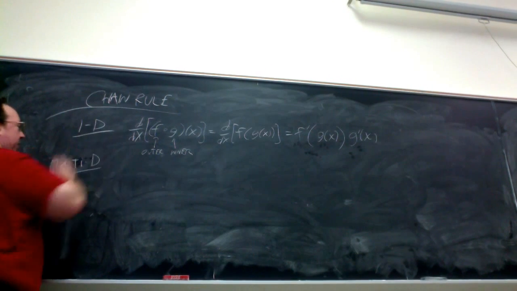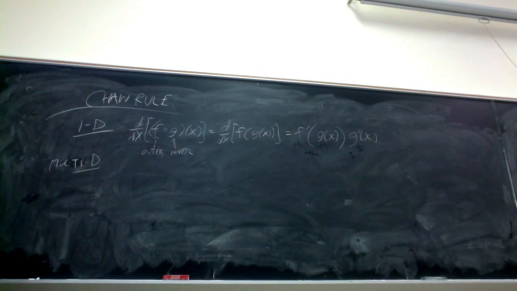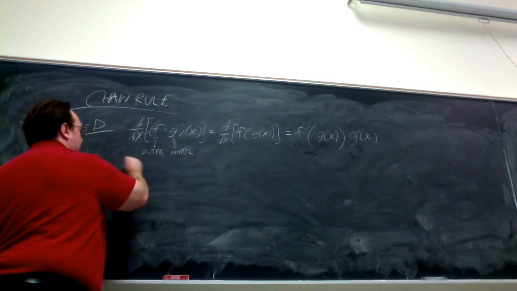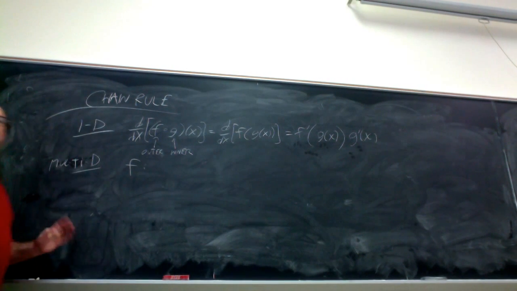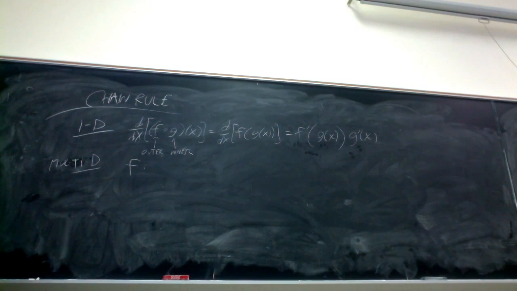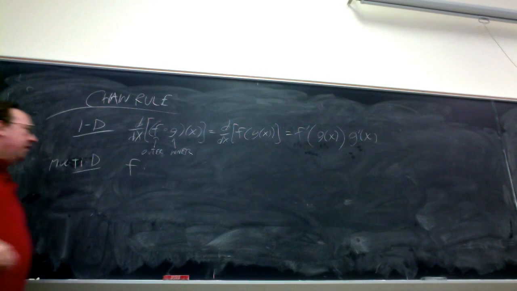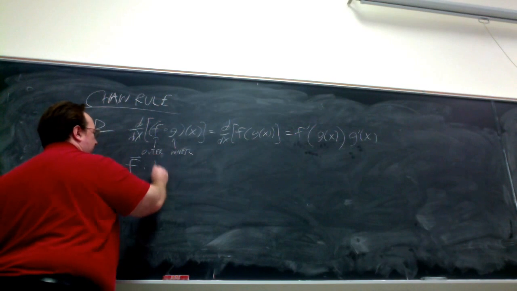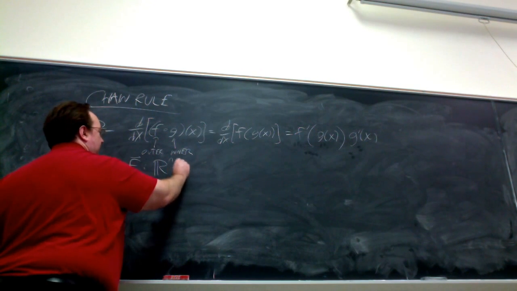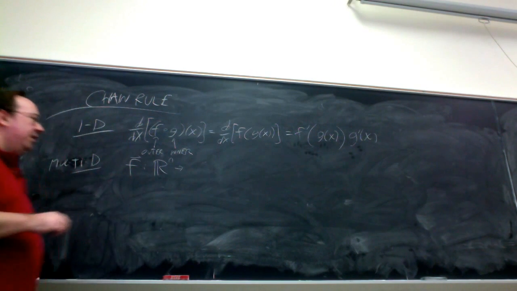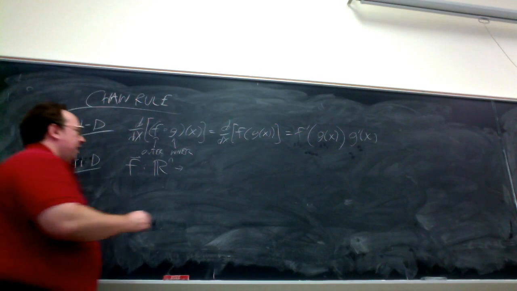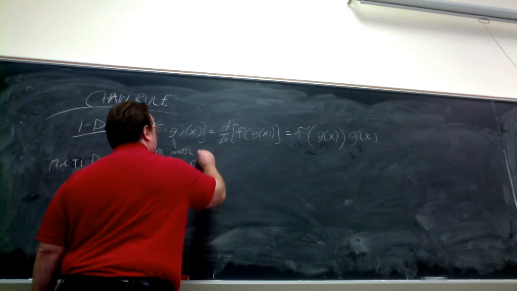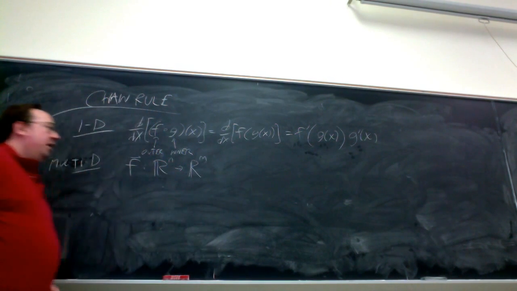In the multivariable case, I'll state the most general case that covers everything, and then we will make things more specialized and see examples. So f is a function that takes in n variables, that has n inputs, and has m outputs.